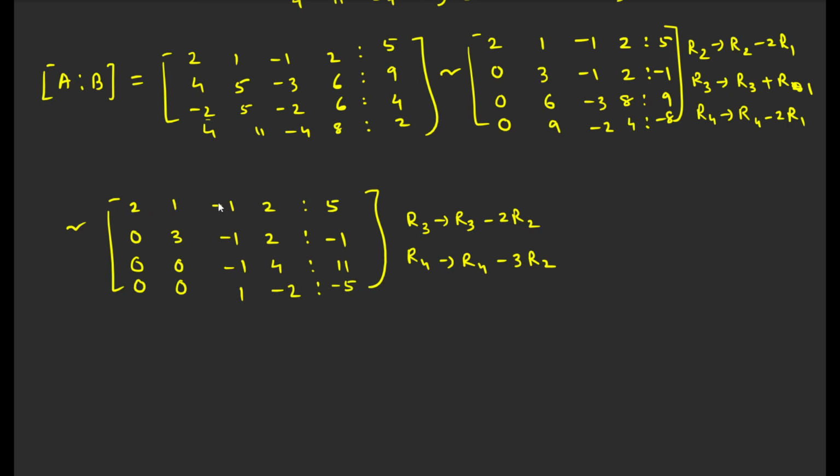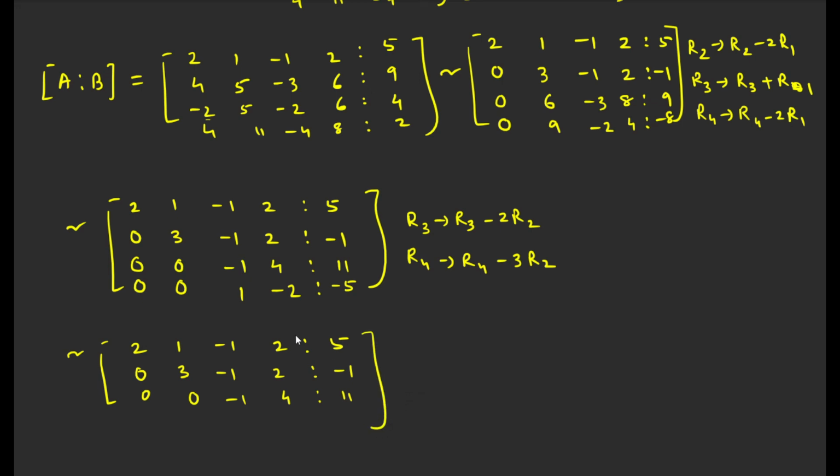Okay, so below the first row which was fixed, all the elements have become 0. Now after fixing the second row, these two elements we make 0. Now we can fix one more line, which is row 3. Okay, now we'll fix row 3: 2 1 minus 1 2, 0 3 minus 1 2, minus 1. Now this is fixed, 0 0 minus 1 4, and then 11.